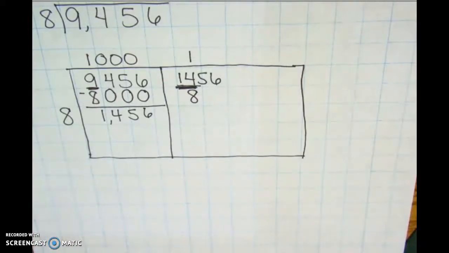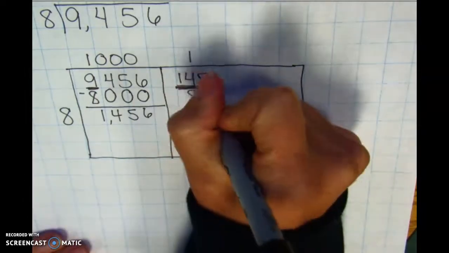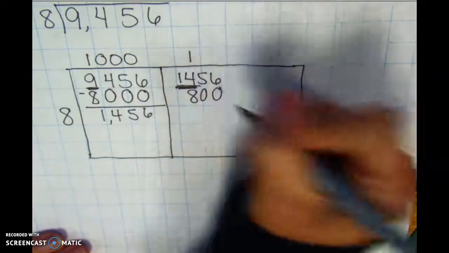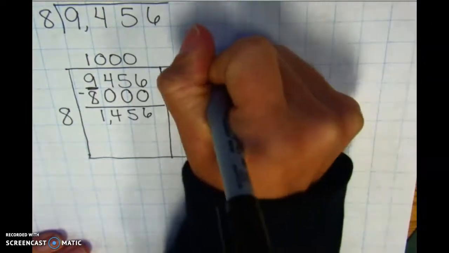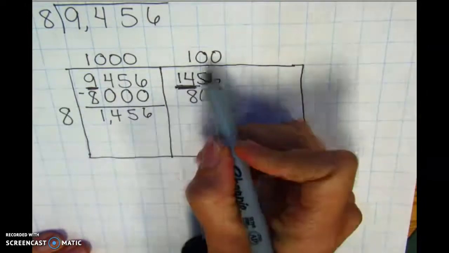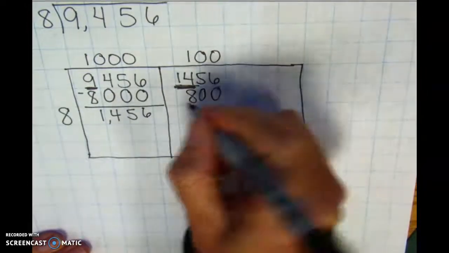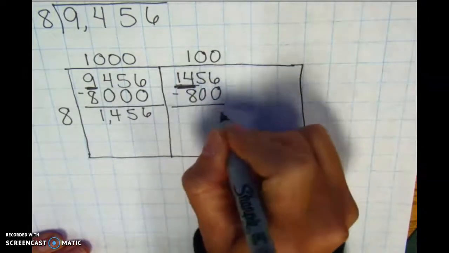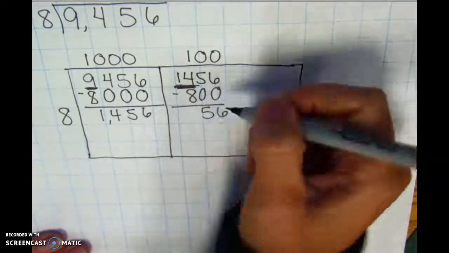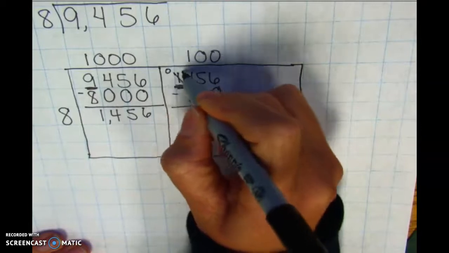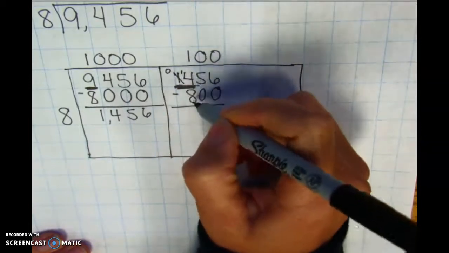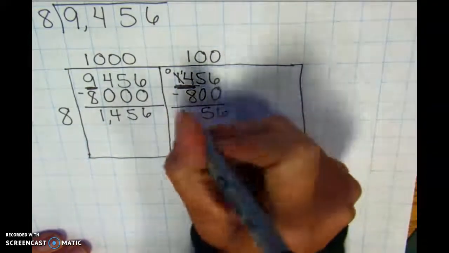Now 8 is really far away from 1,456, so I'd ask them what we could do. We could add some zeros as our placeholders. If I add 2 zeros here, I need to add 2 zeros to the top because 8 times 100 is 800. And now I need to subtract again. Now I need to regroup here. Really, I know that 14 minus 8 is 6.